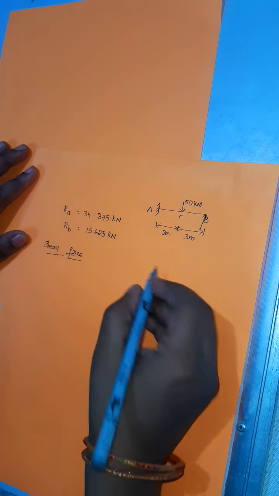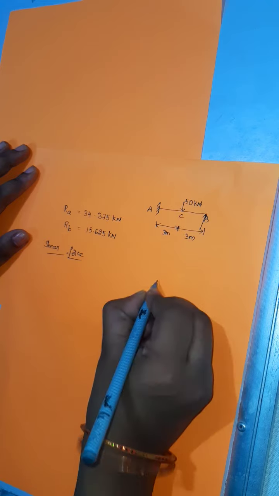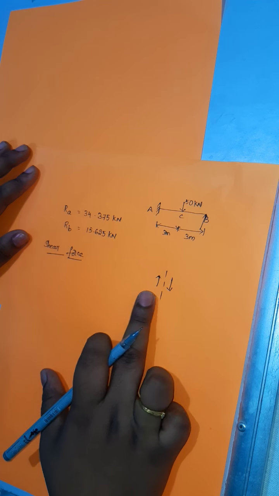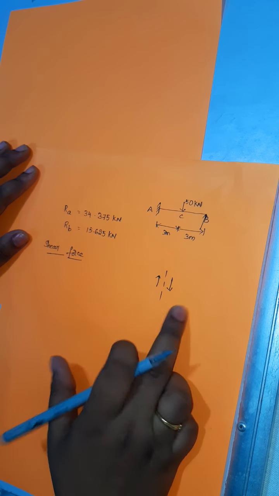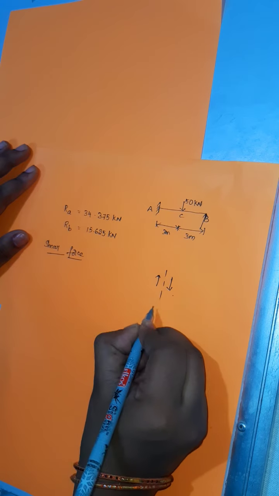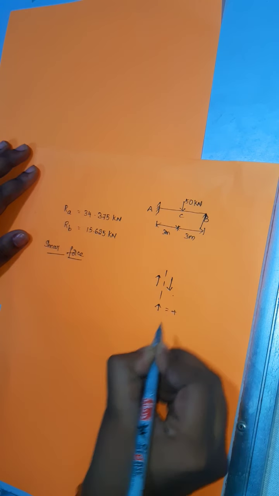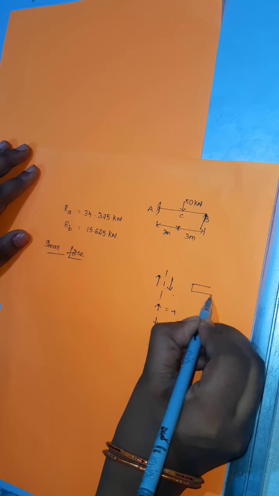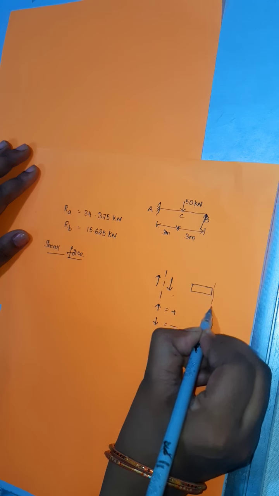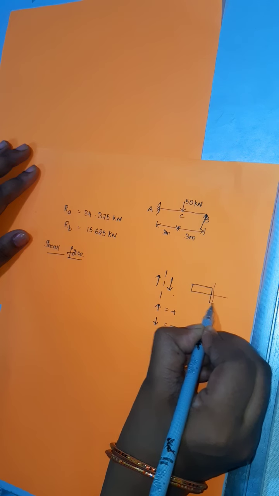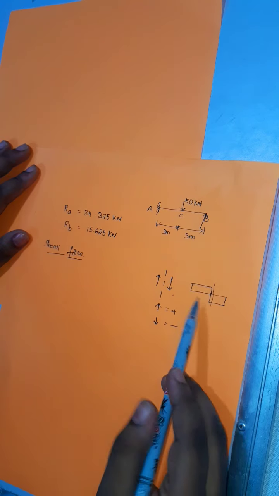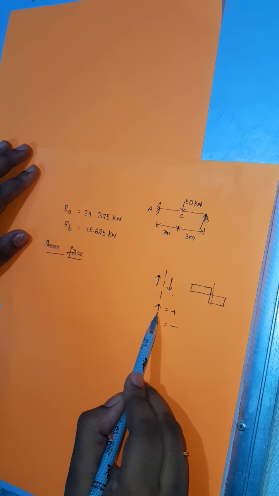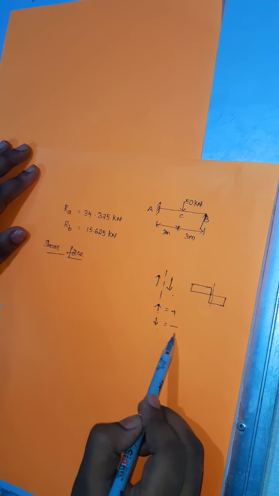That means, if I take a section, if the forces are moving from left hand side to right hand side, upward arrow is taken as positive and downward arrow is taken as negative.